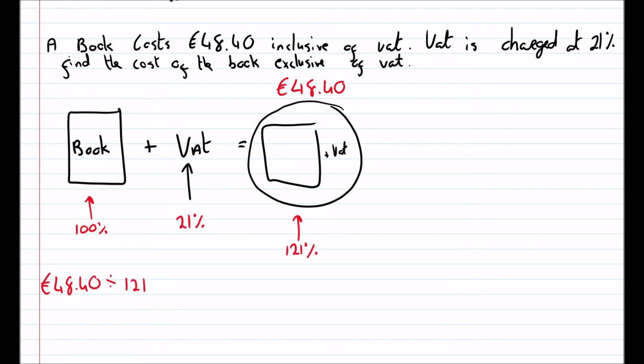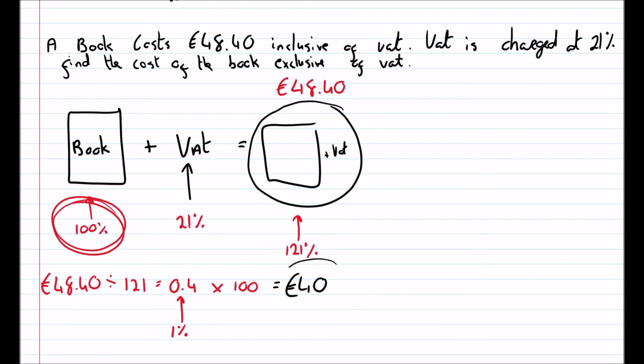Okay, so not percent, just 121. And we get 0.4. That's 1%. What do I want? I want 100%. So I'm going to multiply that by 100, and I will get 40 euros. And 40 euros is 100% of the book. So the book is 40 euros.